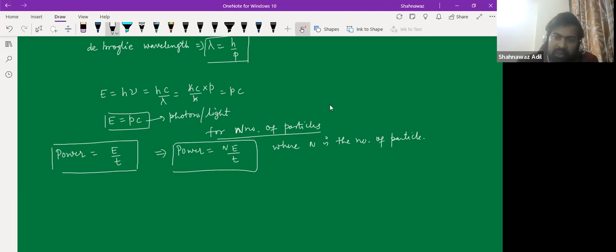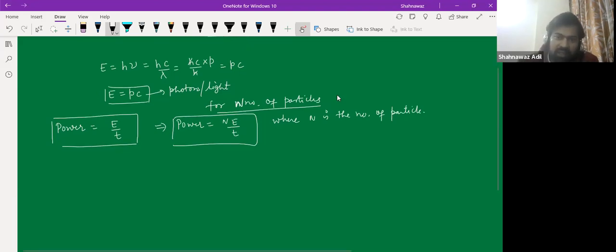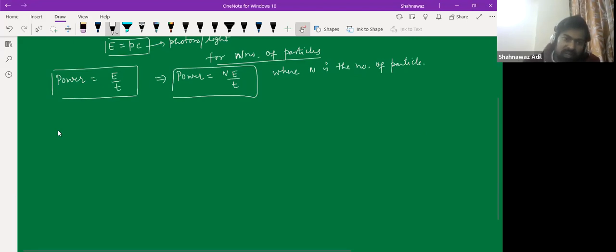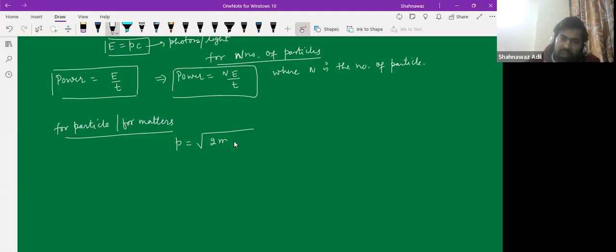And again, for particles or for matter, we can write the de Broglie wavelength. p is root 2mK, that we already saw.